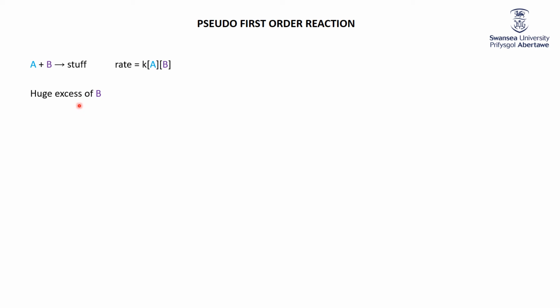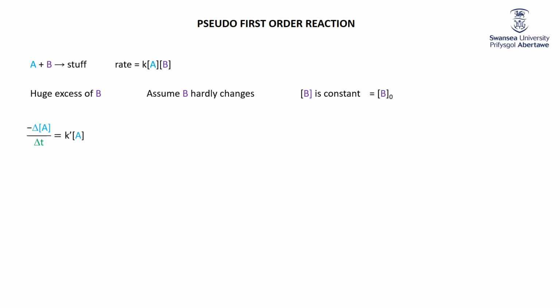More importantly, because you've got so much more B than A, you can assume the concentration of B hardly changes, and so B is constant. The concentration of B at any time during the reaction is the same as the starting concentration. What I mean when I say huge excess is, for example, a 100-fold excess, so that if you're using up all of A, you'll only use up 1% of B. In that case, you can have a pretty good idea that B is going to be a constant.